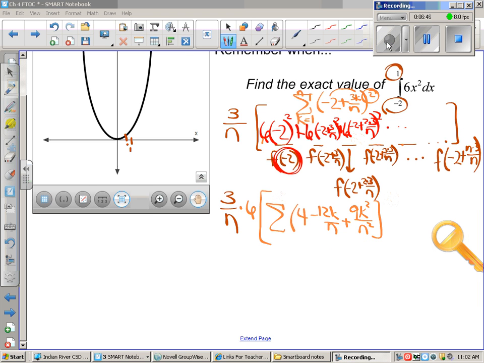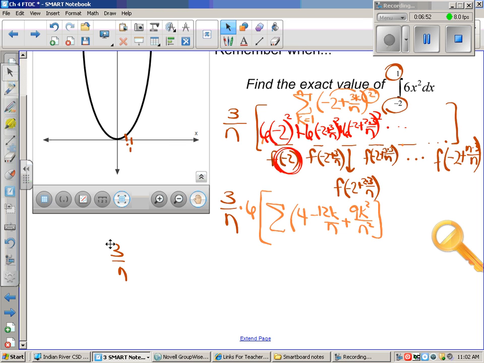From here, you have still 3 over n. You have the 6 out in front. Yes, you could multiply them out, by the way. Okay? At this point, what we did was we then said, all right, I'm going to distribute the summation, if you remember. That's, in essence, what's happening. Not mathematically correct, but in essence, that's what's happening.